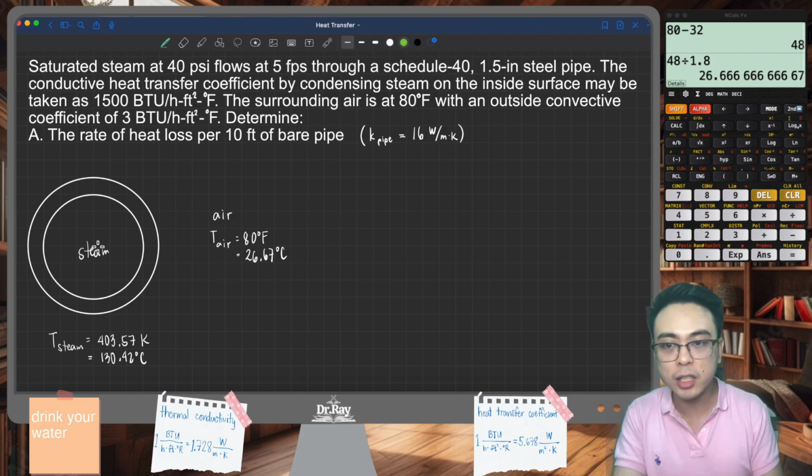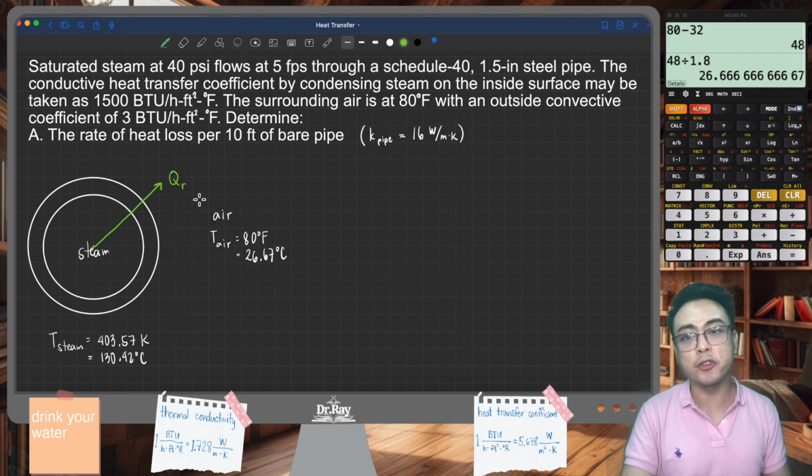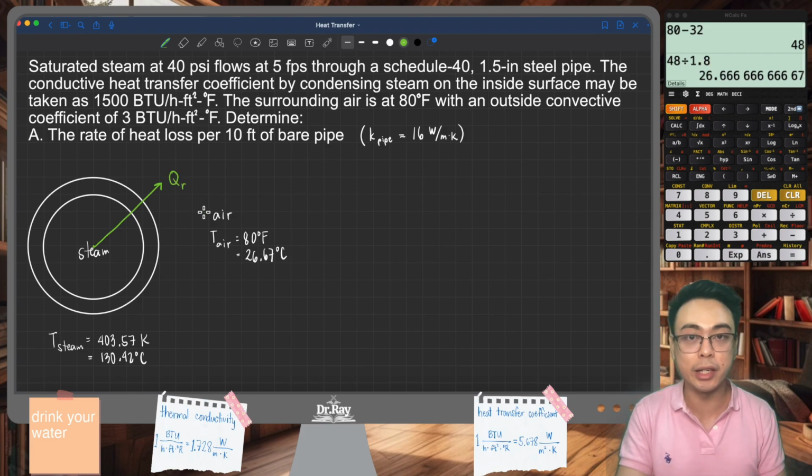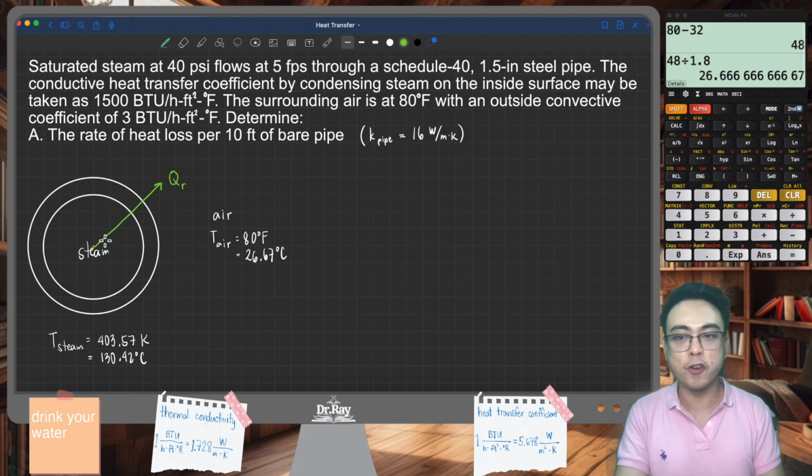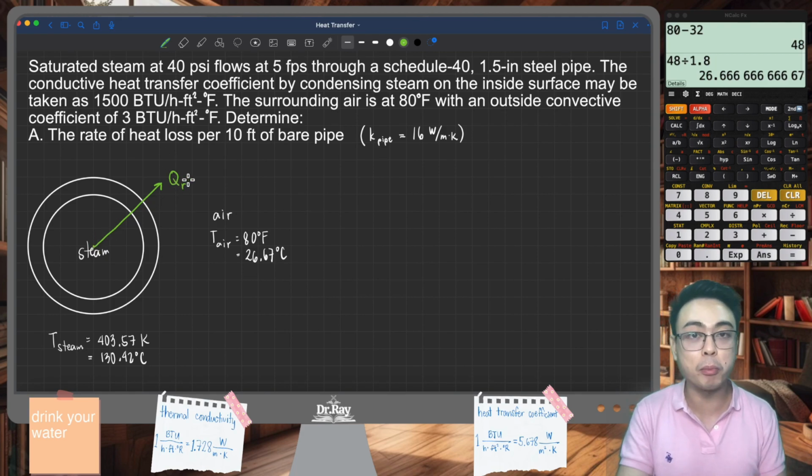Let me illustrate that. And the transfer will be in the radial direction. So I'm going to designate this as capital Q sub R, the rate of heat transfer in the radial direction. It's from high temperature inside to low temperature outside.